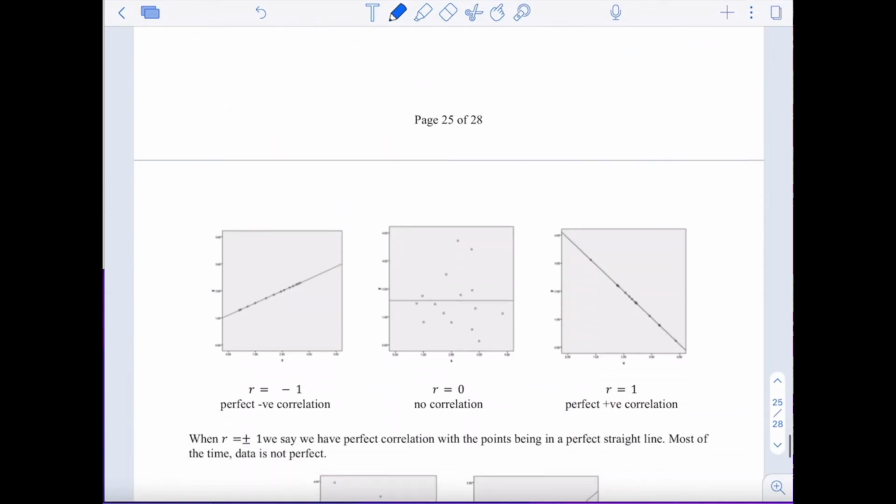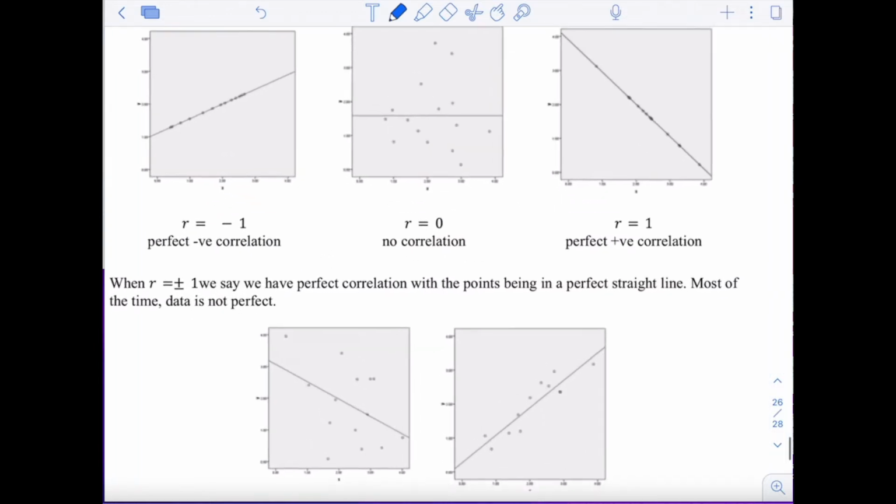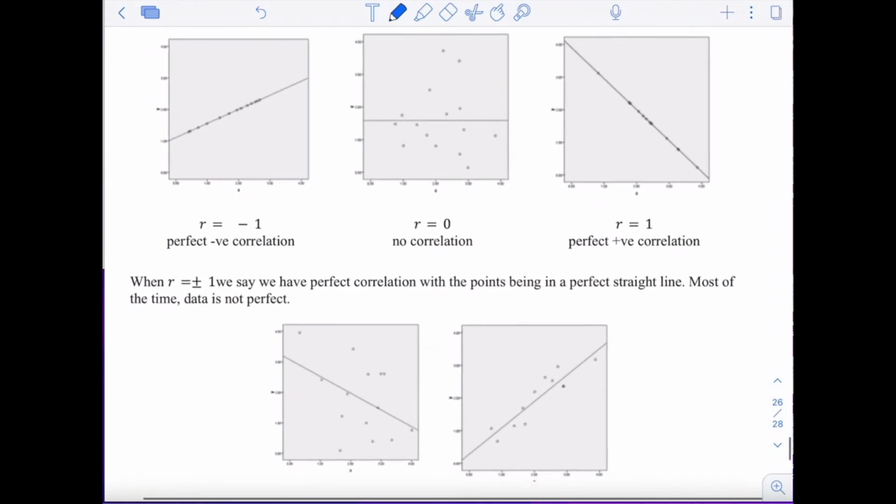Okay, so let's have a look. When R is +1, we have a direct positive correlation.